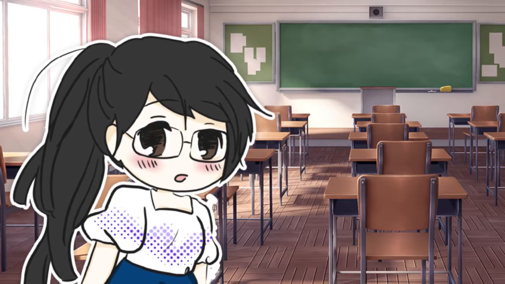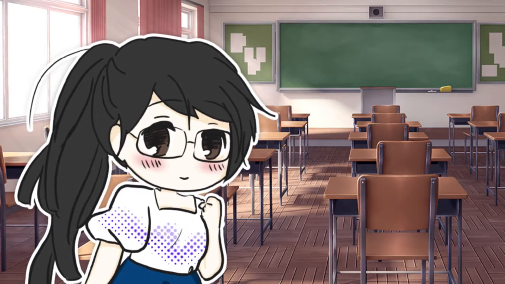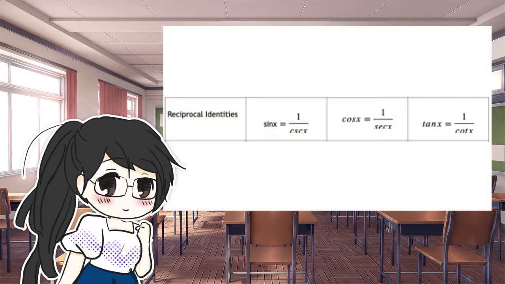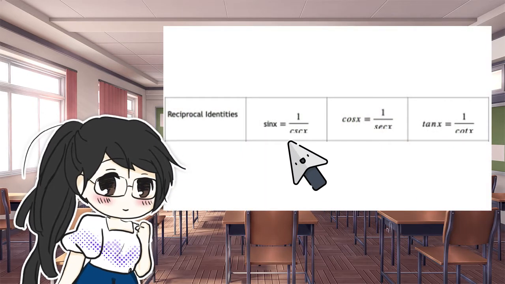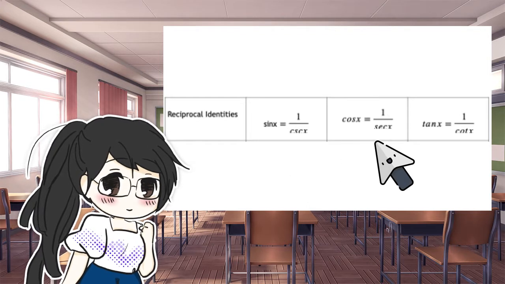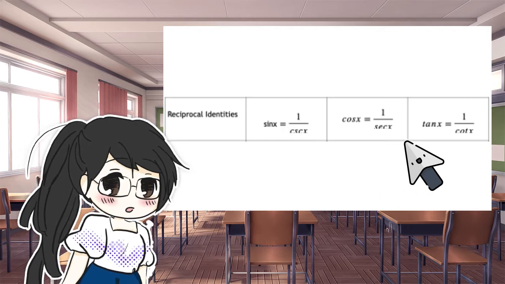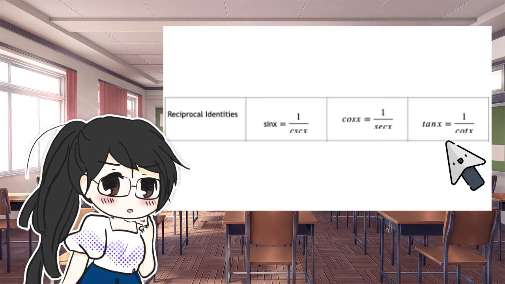Before we start verifying trigonometric identities, here are some of the values or equations to help you verify. Let's start off with the reciprocal identities, which is composed of sine x equals 1 over cosecant x, cosine x equals 1 over secant x, and tangent x equals 1 over cotangent x.